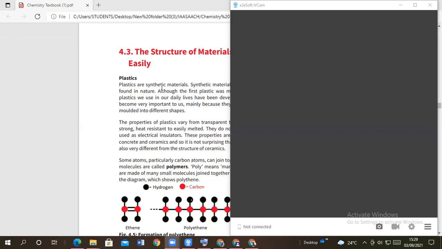Anena, if you look at the materials they use for making concrete, we have cement, sand, and what? Cement, sand, and stones, isn't it?